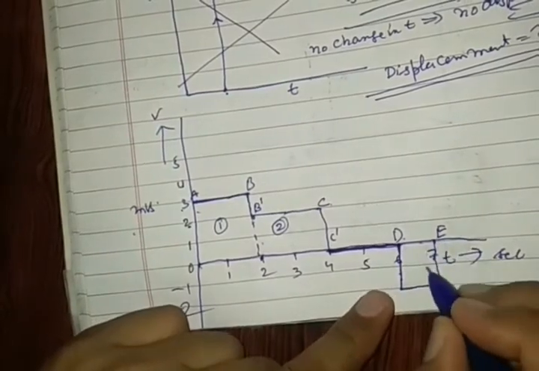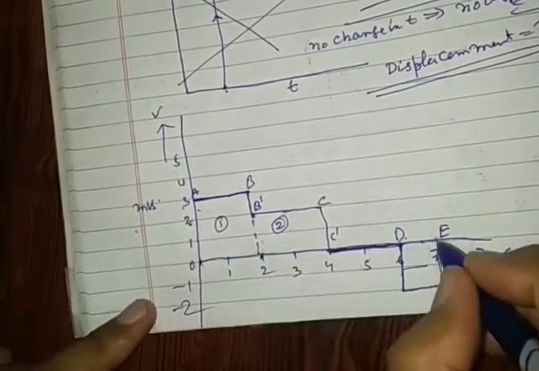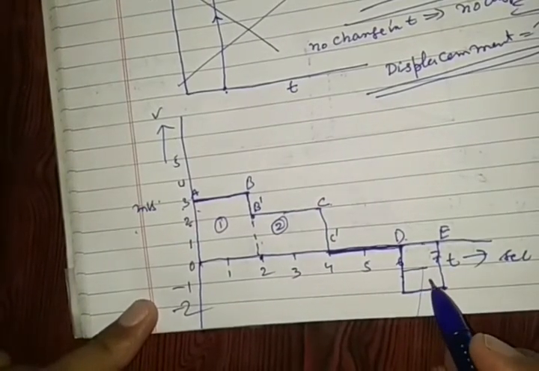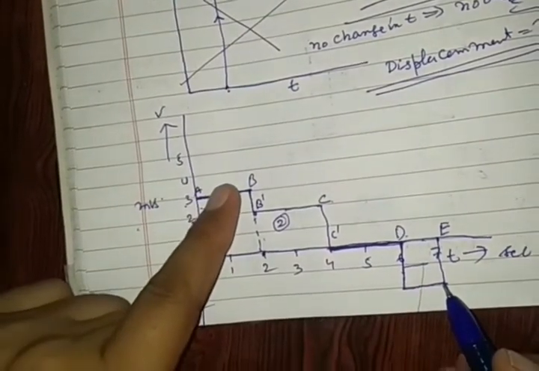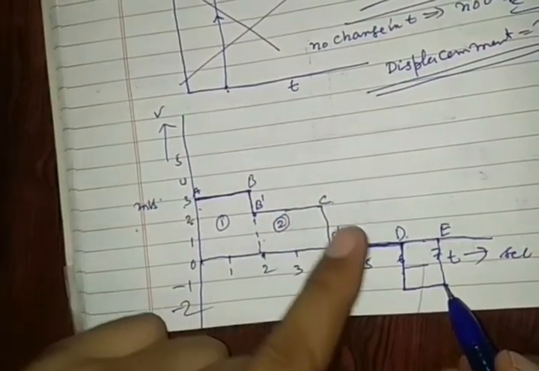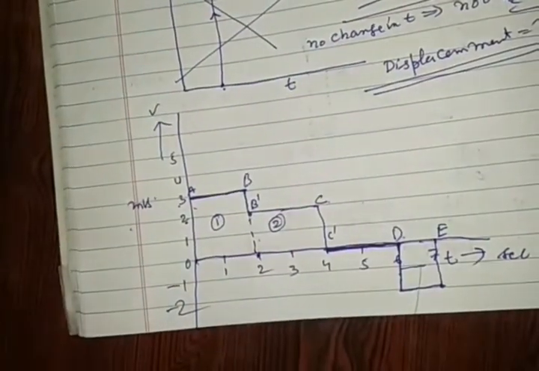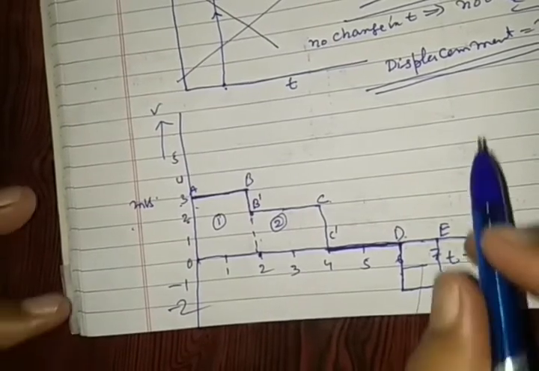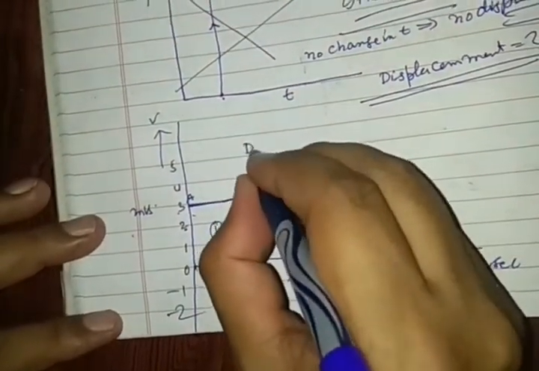Now D to E. See carefully. It is in the direction of the negative 4th quadrant. It means that the body has higher speed, lower speed, rest, and then negative velocity. It means it is moving in the opposite direction. So how can we obtain this displacement here in this case?